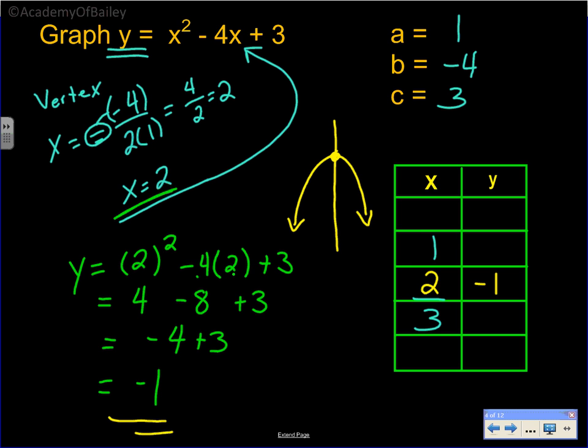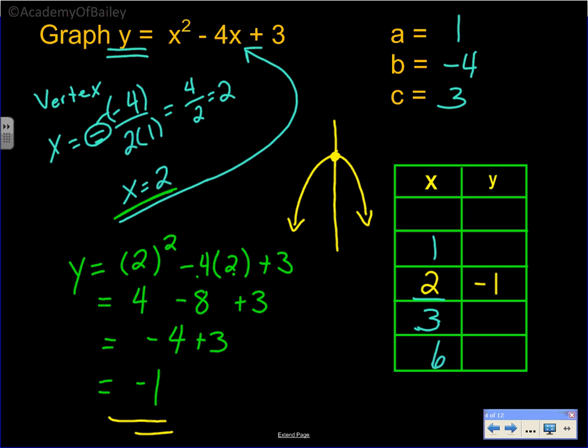Now we could also go on the next one. We could go 2 away to 4, or if we wanted to, we could have gone 3 away to 5, or 4 away to 6.